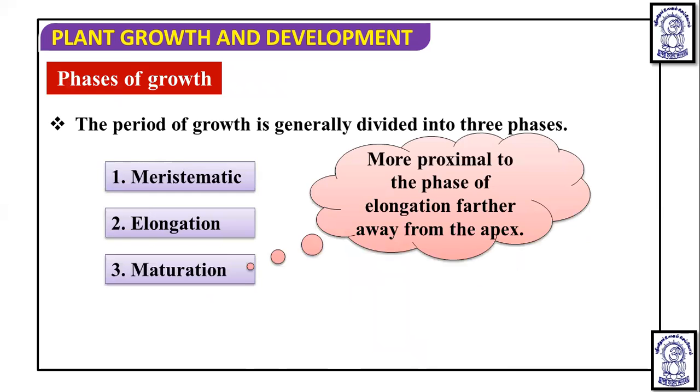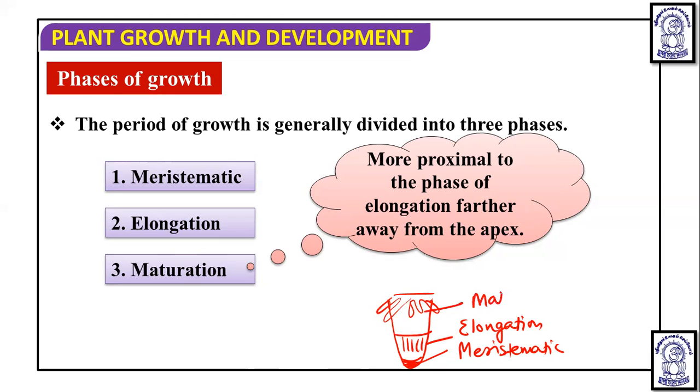Means, if you want to draw it, suppose this is the region of root. These all are the regions of root. So if we talk about the root, here you will see the meristematic region. Here is the elongation region, and here is the root hair zone or maturation region.